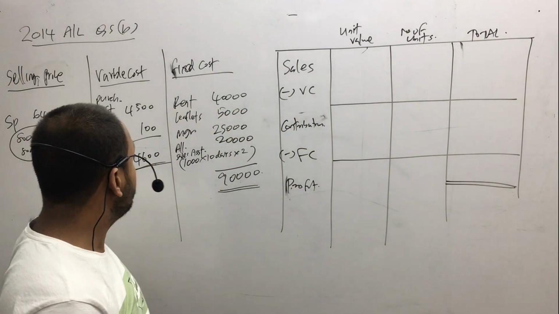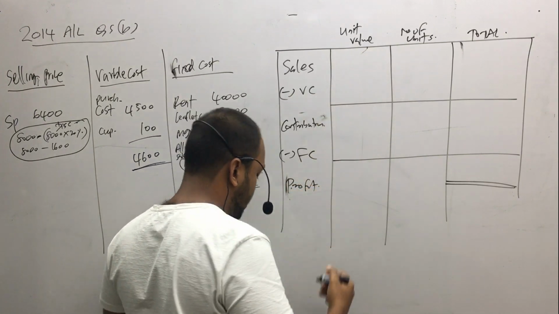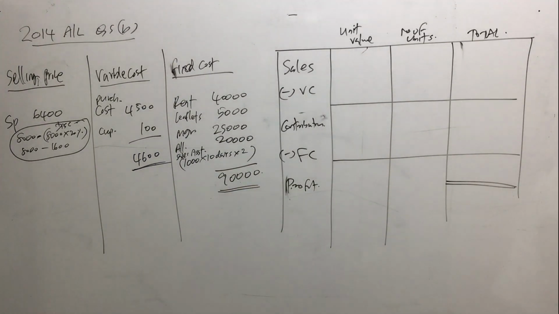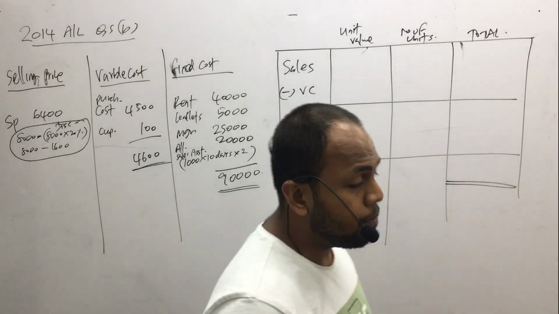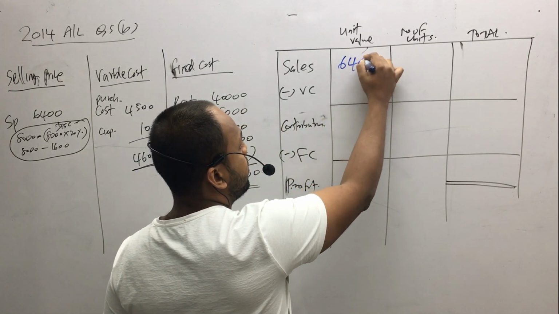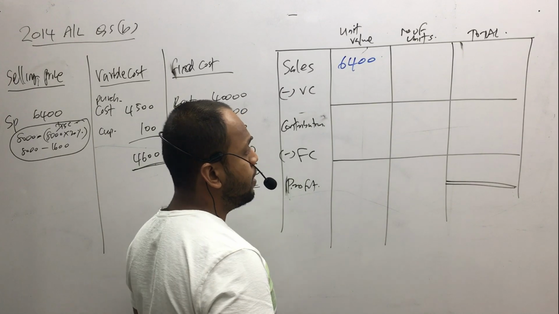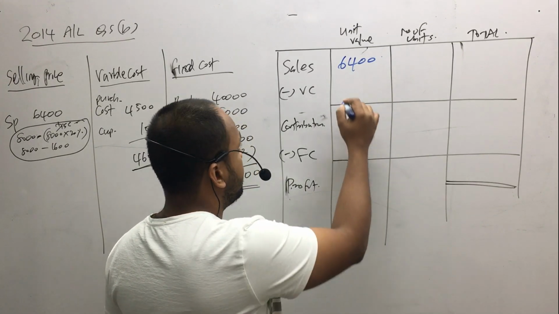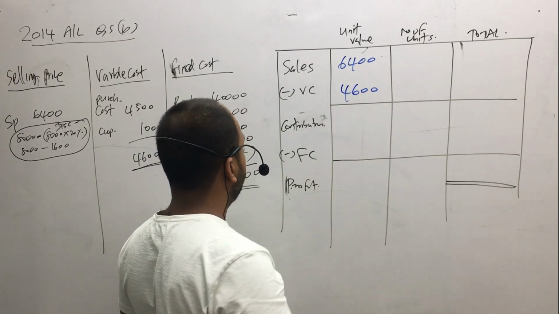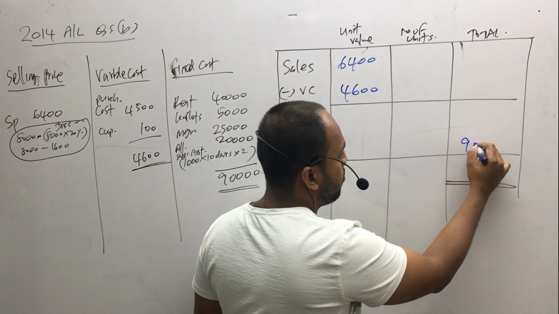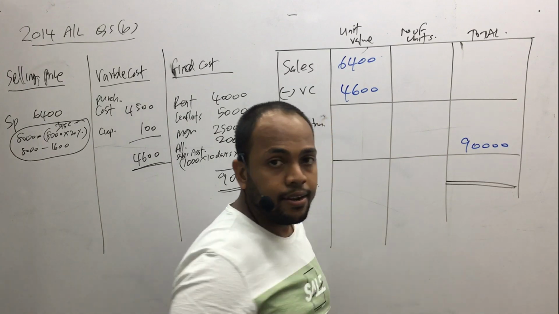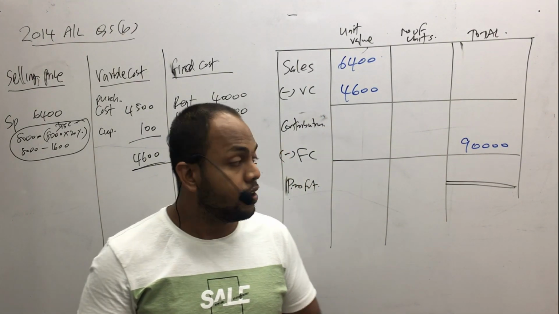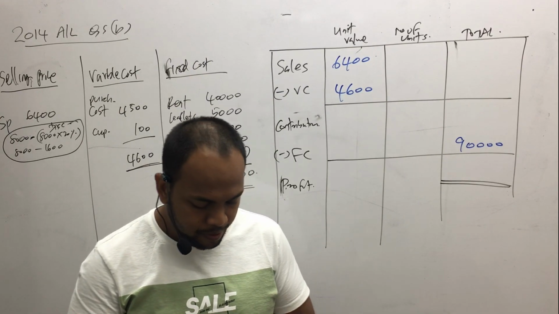So the selling price is 6,400. Selling price is 6,400 per unit. Per unit is 6,400. Variable cost is 4,600, and the total fixed cost is 90,000. So these are the information. Now it's easy for us to do the calculations.